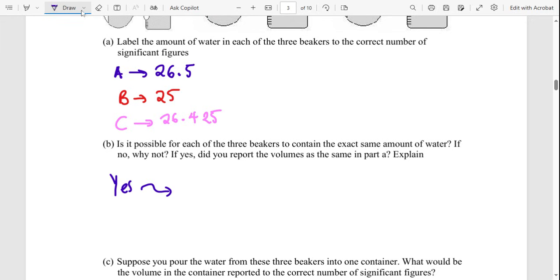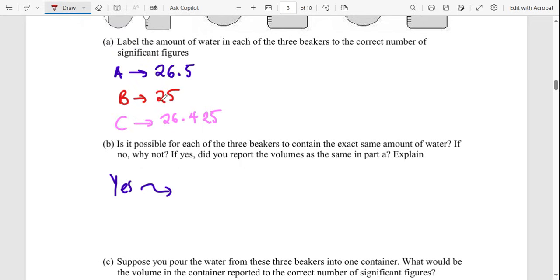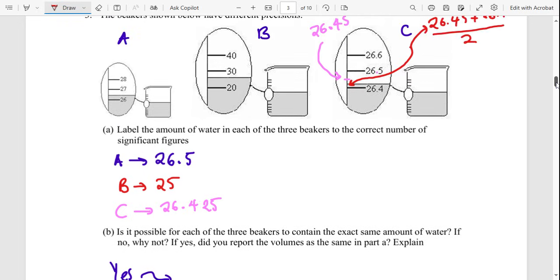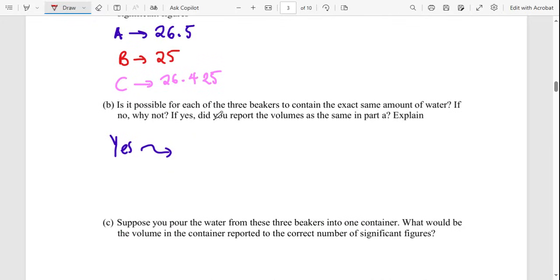No, we didn't report the volumes as the same. You can see one is at 26.5, the other one is at 25, the other one is at 26.425. But why are the readings different? So I'm going to answer the second question. Is it possible? Yes. If yes, did you report those volumes?